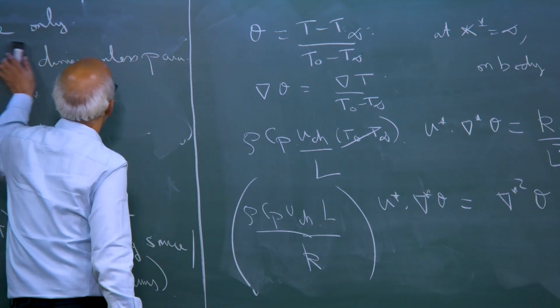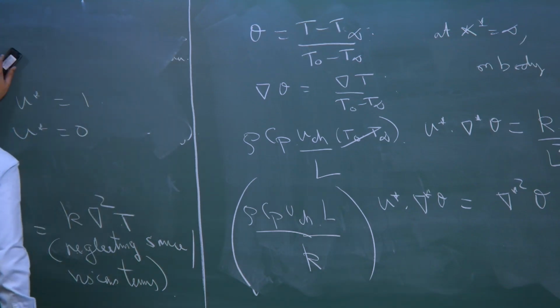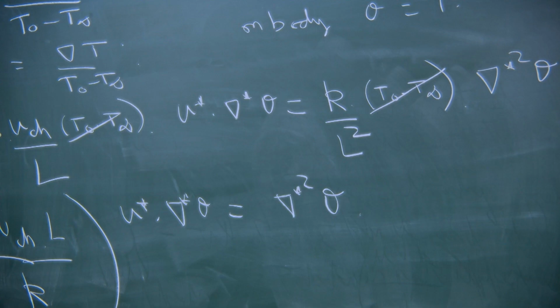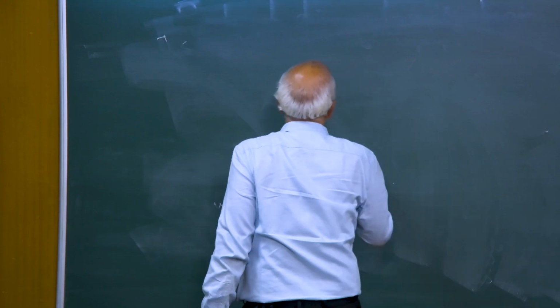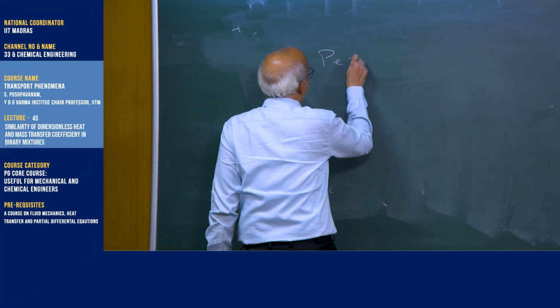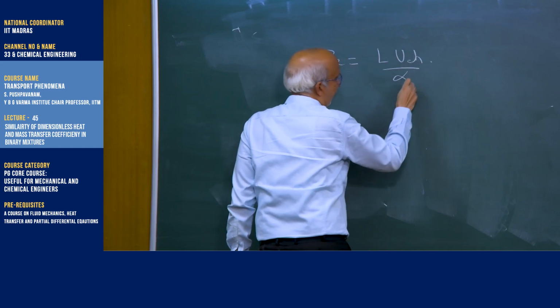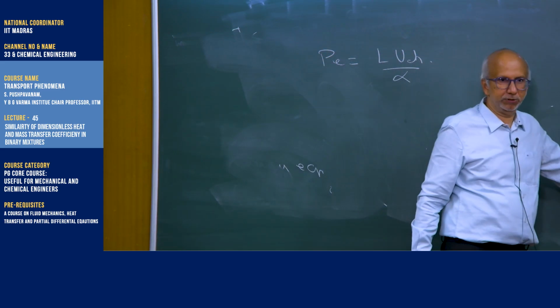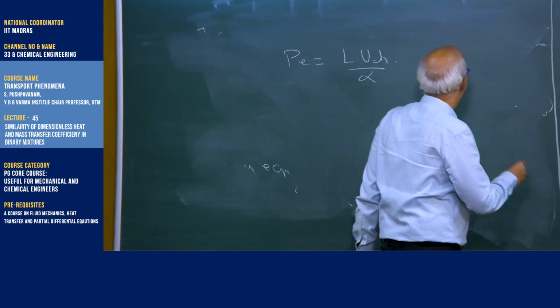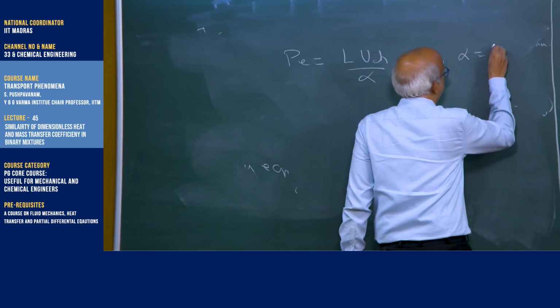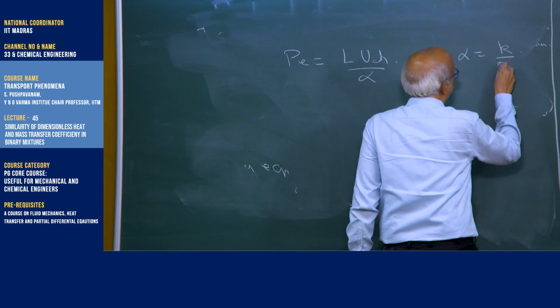And this group is called Peclet number. So, Peclet number is L U C_H divided by alpha, where alpha is the thermal diffusivity, K divided by rho Cp.